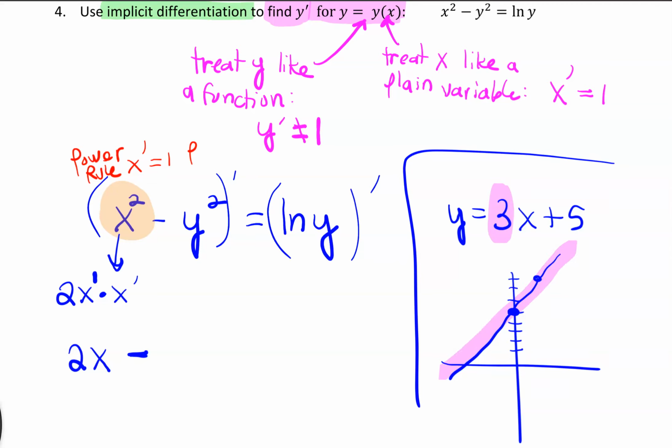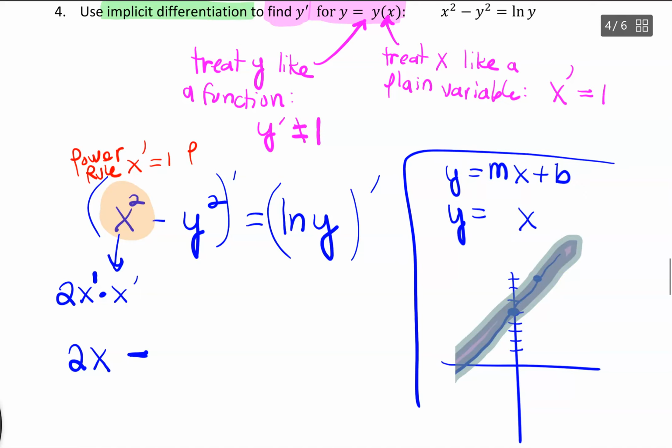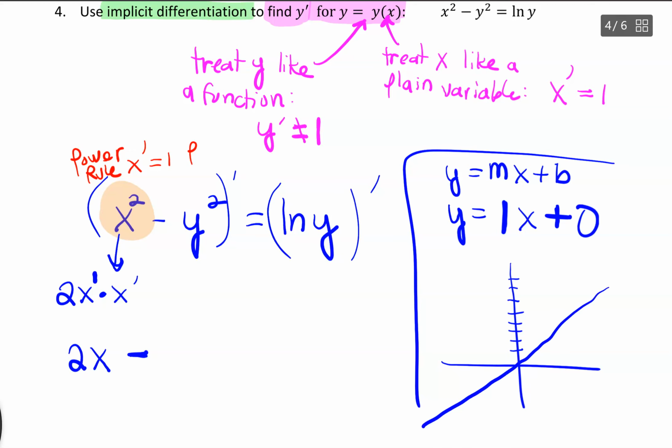So from that algebra idea of y equals mx plus b, where the slope is the same as the derivative, if my y was just equal to a plain x, then that's a slope of 1 and an understood y-intercept of 0. So that's just your identity function. Y equals x is just the identity function. And the slope of that is a 1. So the derivative of a plain old variable, you're assuming a plain old variable is a linear function with the identity function.